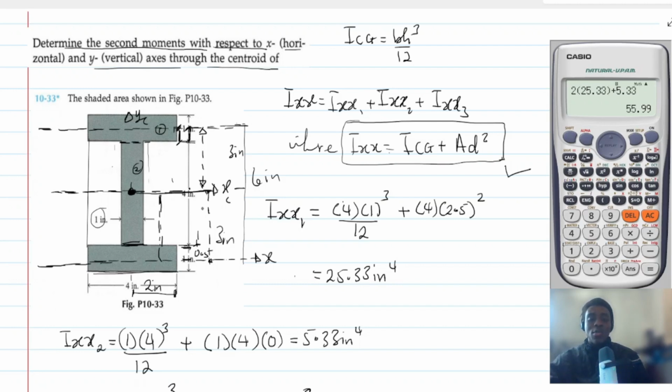Now let's do the same thing, but this time around we are going to use the y-axis. Okay, let's do the same thing. So for clarity's sake, let me clean everything I've done for the x and let me only do for y.